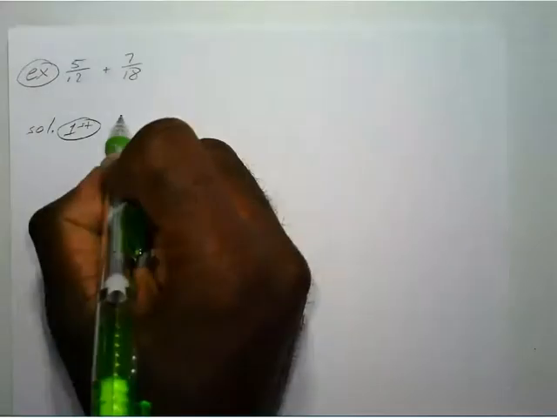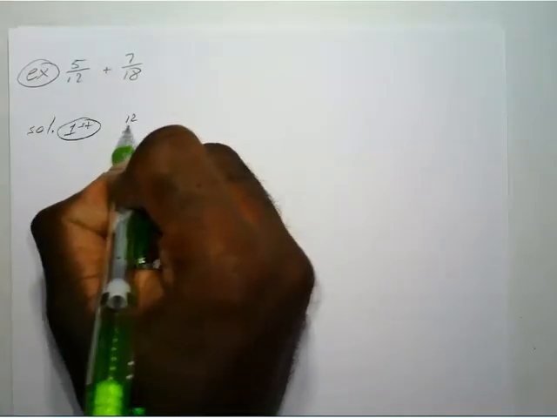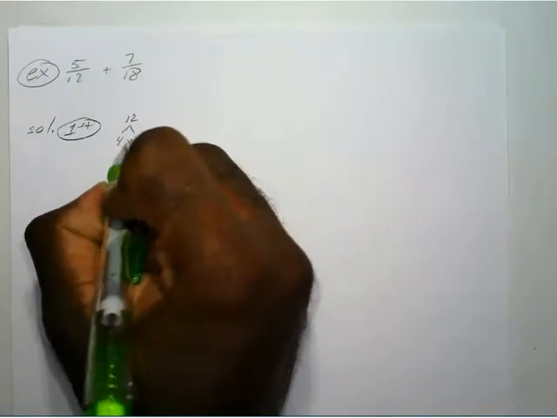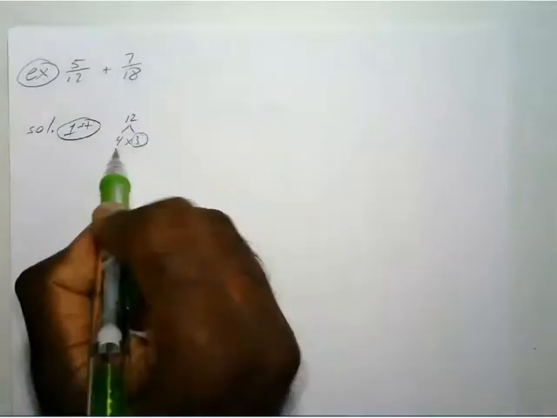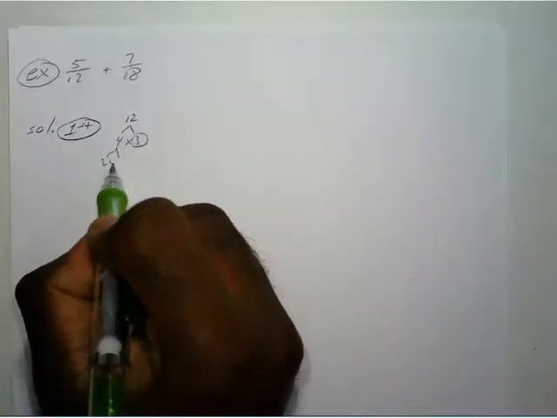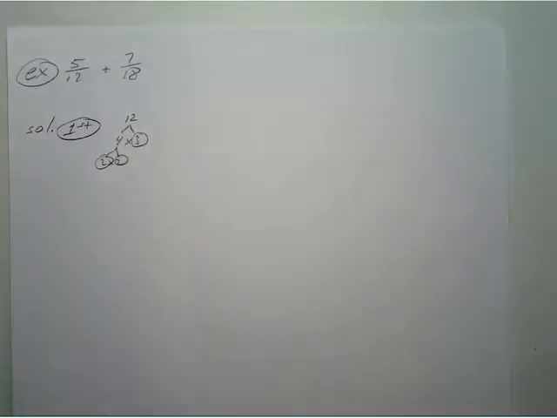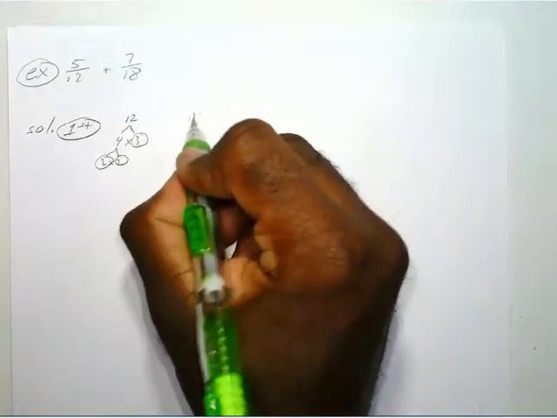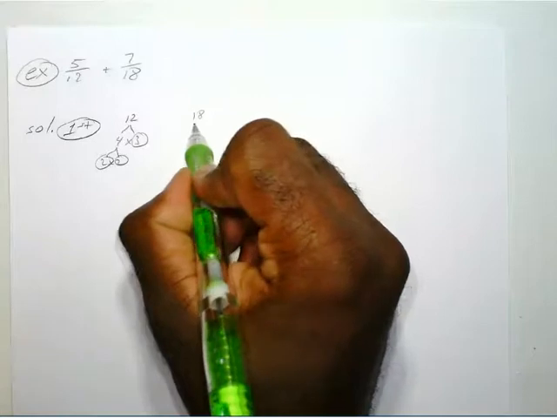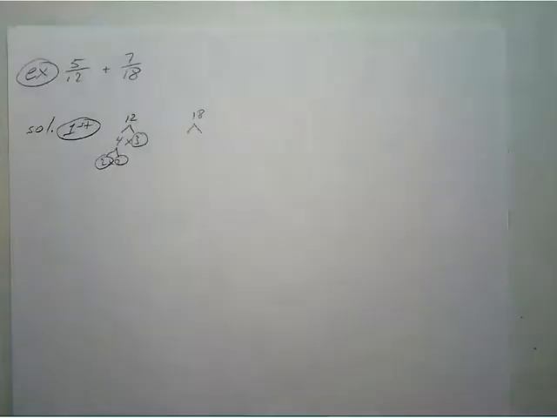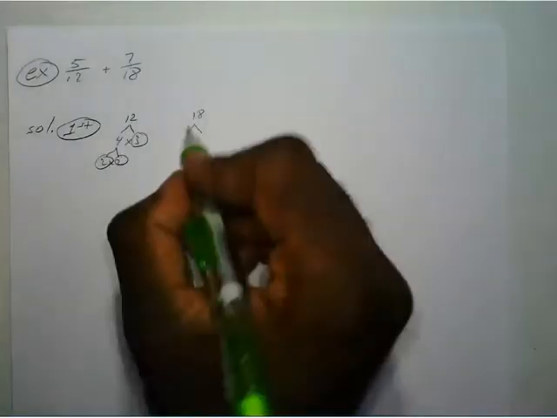To find the least common denominator, we have 12, which is 4 times 3, and the 4 is 2 times 2. So we use the factor tree to find that. And you have 18, which is 3 times 6. You can use 2 times 9 also; you'll get the same answer.